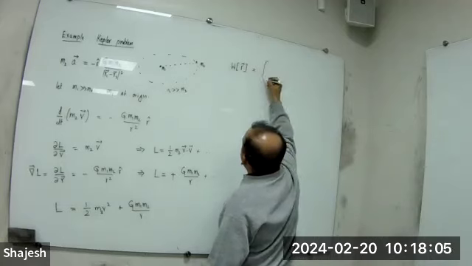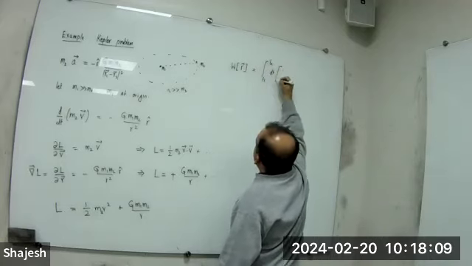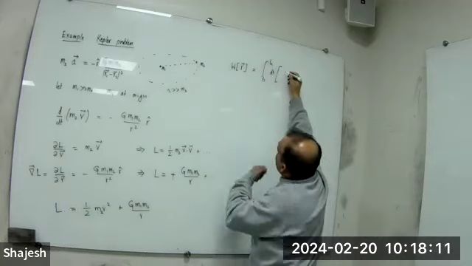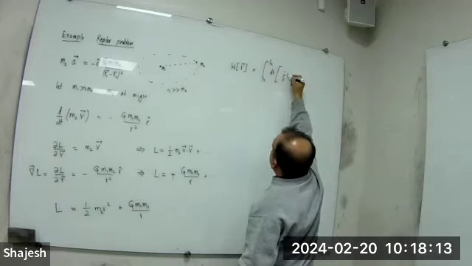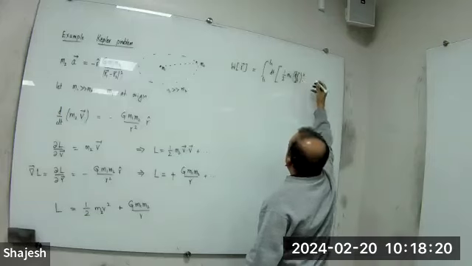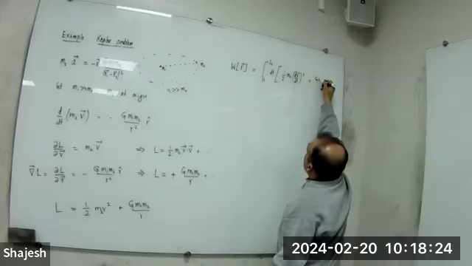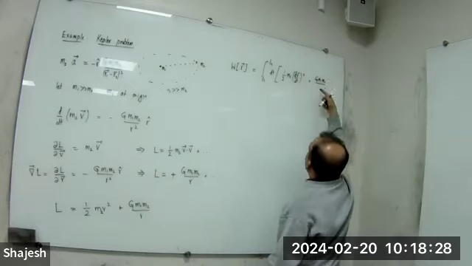So that's your integral from T1 to T2, dt, of half M2 dr by dt squared plus G M1 M2 over R.